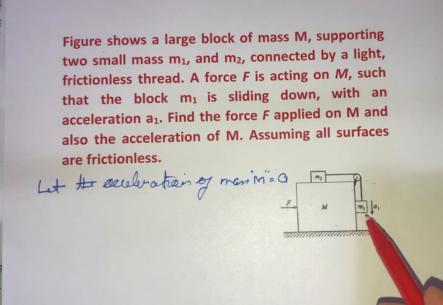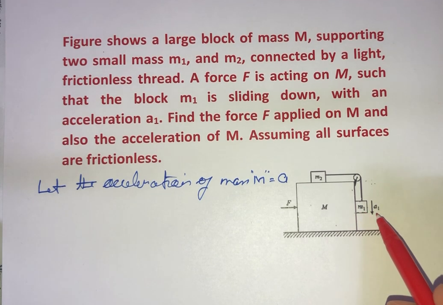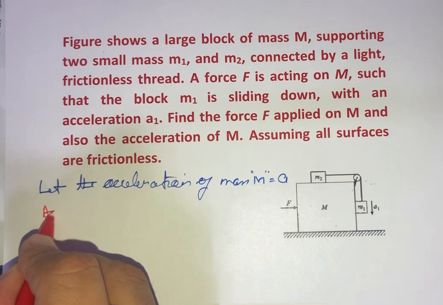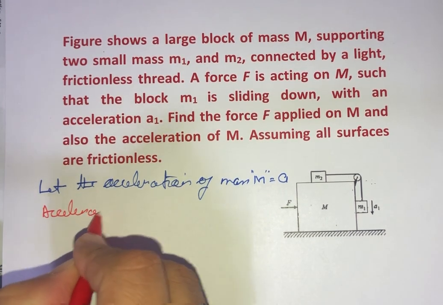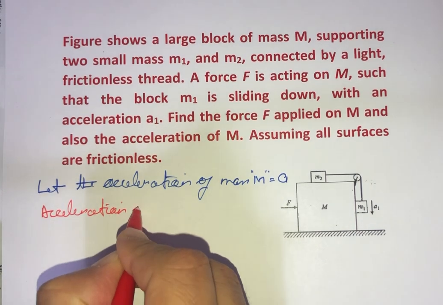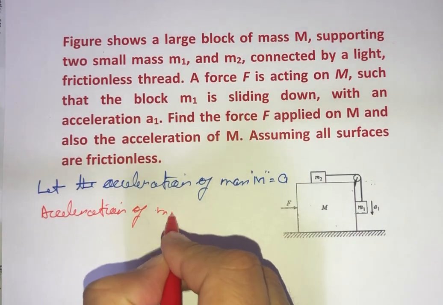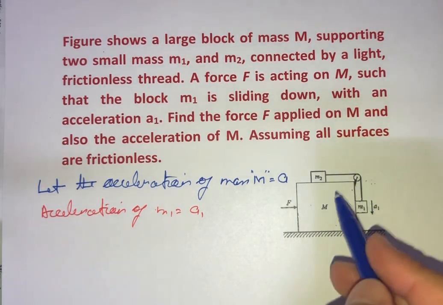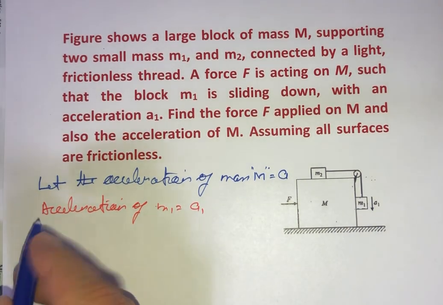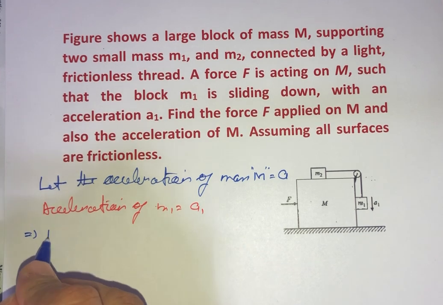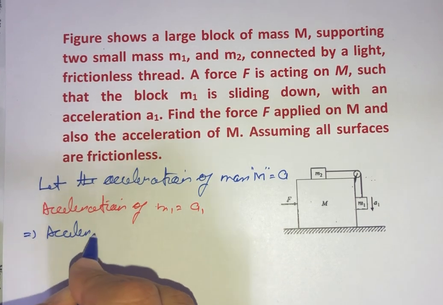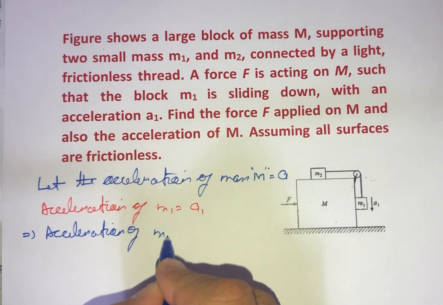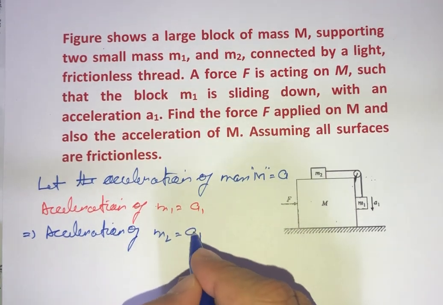Now it is given that m1 travels with the acceleration of a1. Okay, so we can write acceleration of m1 is a1, so m2 will also be traveling with the same acceleration. So this implies that acceleration of m2 will also be a1.